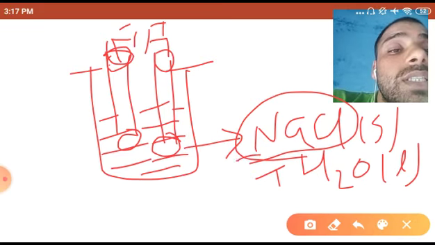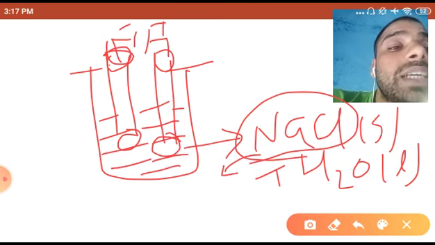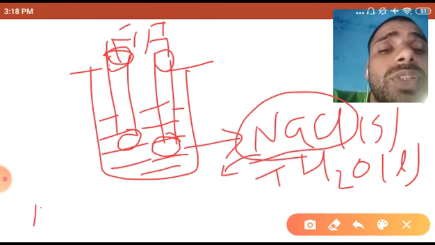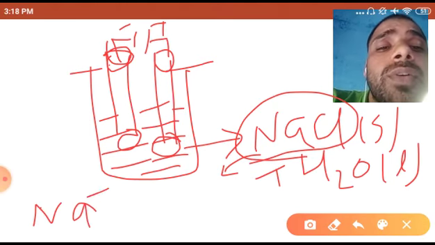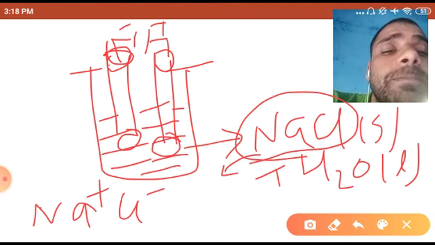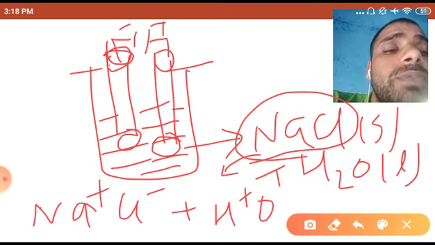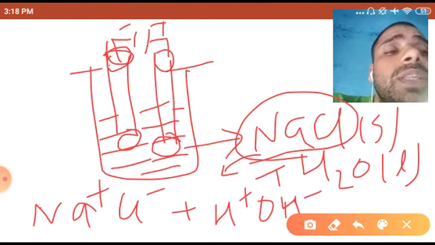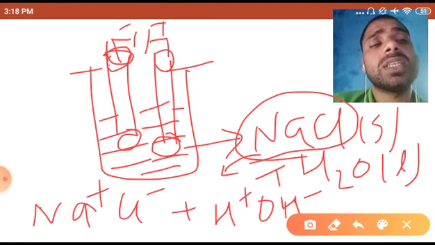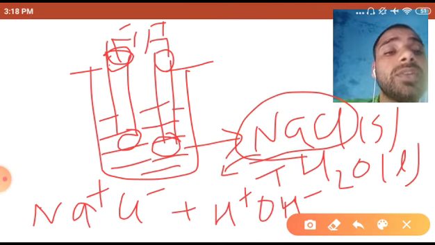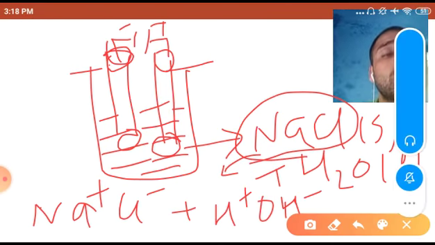So after passing electricity through this, NaCl and H2O will break down into Na plus and Cl minus, and H2O will break down into H plus and OH minus. In the previous chapter we have also discussed how NaCl breaks down. Okay, so you can see this.